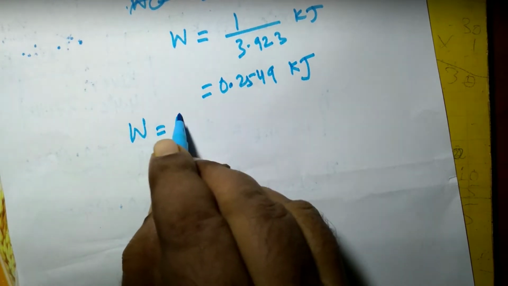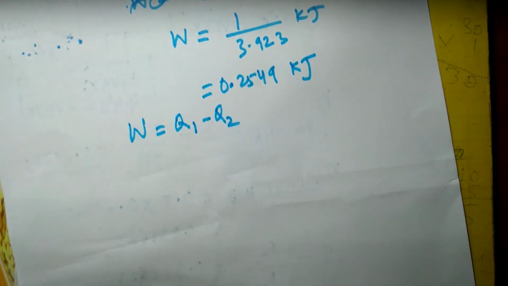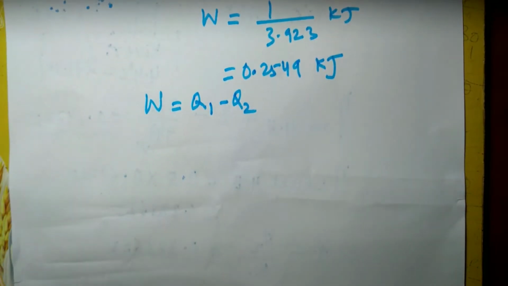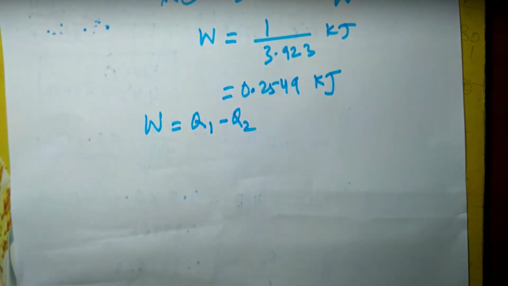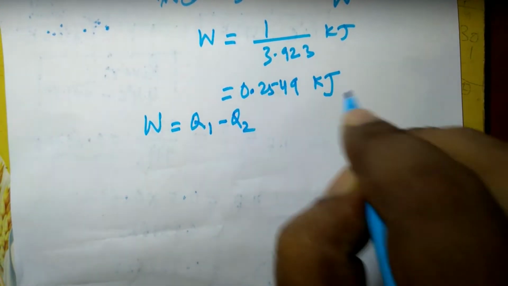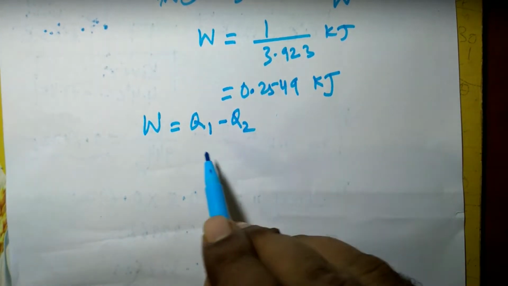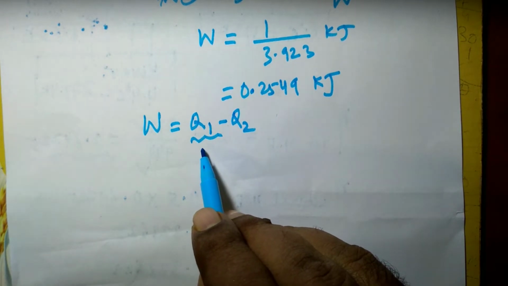W is nothing but Q1 minus Q2. Since we are to find the value of Q1, given that Q4 is 1 kilojoule, I will take it in terms of energy, not power. So W is 0.2549 kilojoule. We are required to find the value of Q1, the heat supplied to the heat engine.